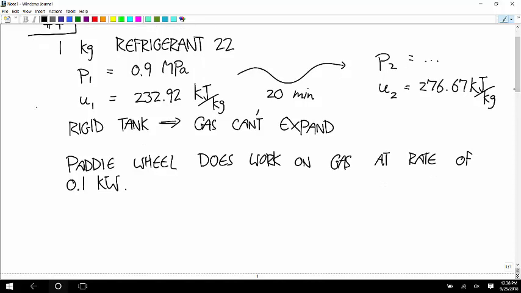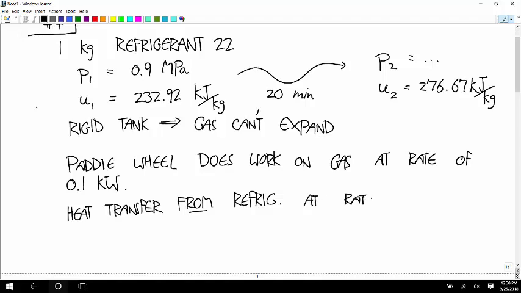And then there's also heat transfer from the refrigerant. And that's happening at a rate of capital K times T, and that's in kilowatts, where that time T is in minutes.